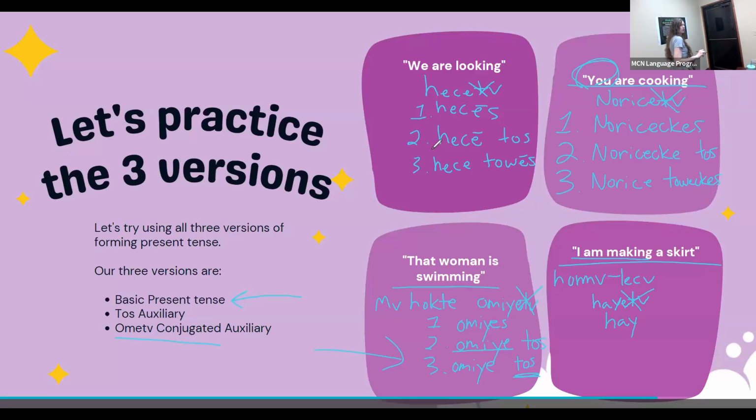We add on the end for that first version, basic conjugation. Hayes. For the second one, where everything stays the same, except we stop the S, do a space, add dos.